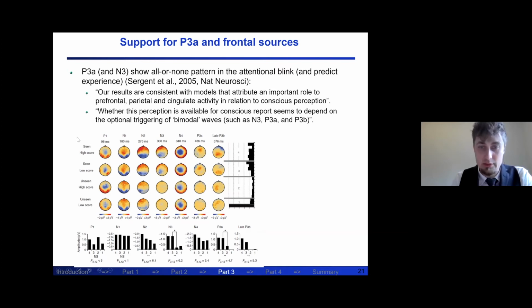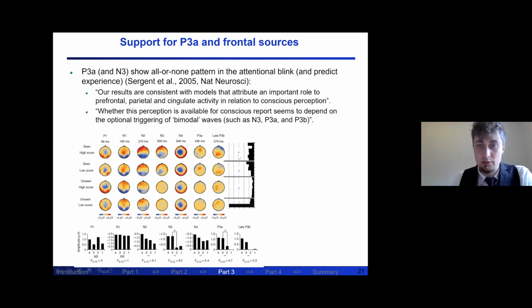What they did is they showed the attentional blink, where perception can be degraded. They asked people to rate their awareness on a 21-point scale, but they actually divided it into 4 categories to make it easier to analyze. Here it corresponded to unseen low scores, unseen high scores, seen low scores, seen high scores.